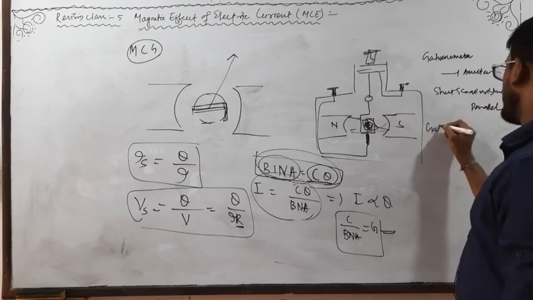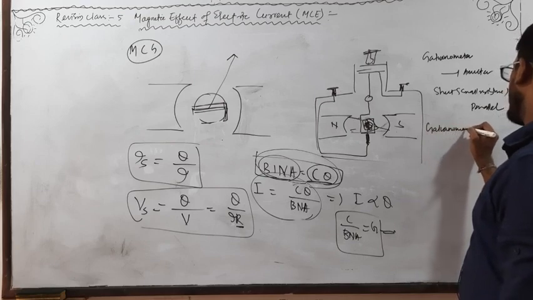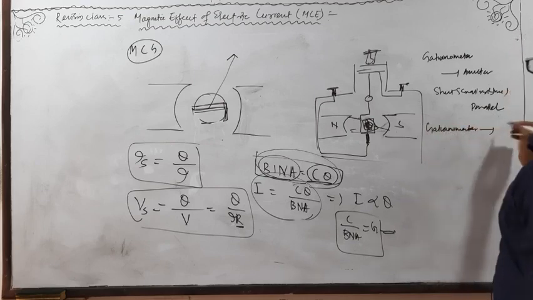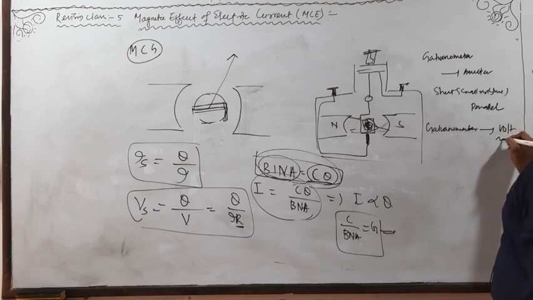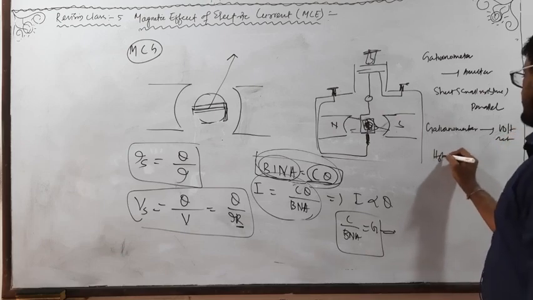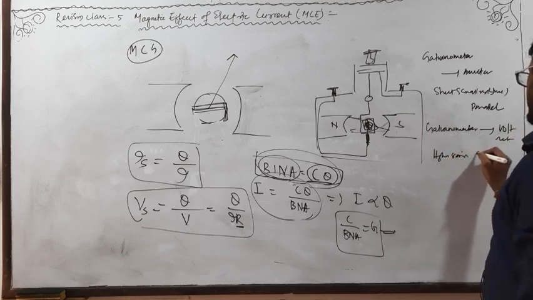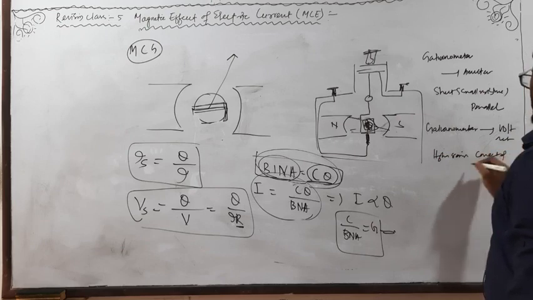But when a galvanometer is converted into a voltmeter, a high resistance is connected in series to it.